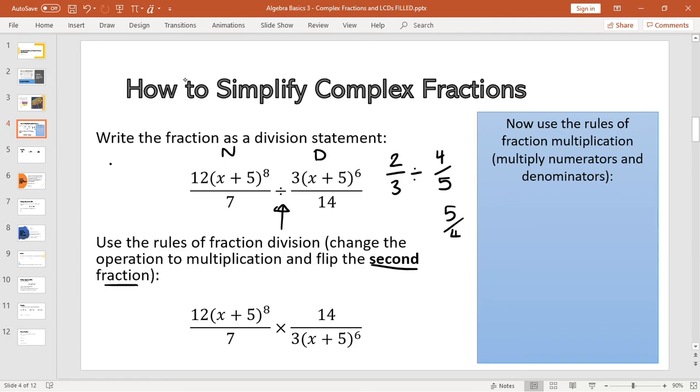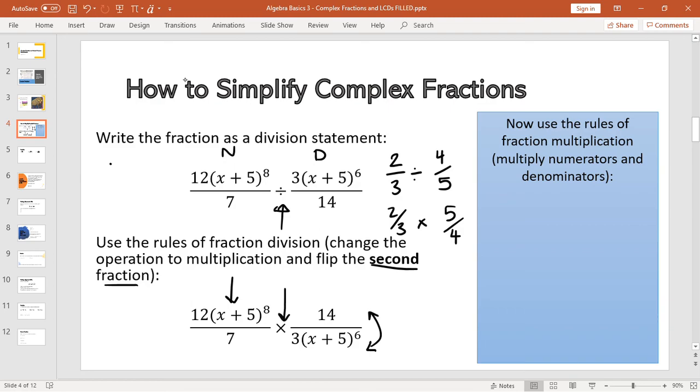And once you do that, you are allowed to change the sign to multiplication. So looking down here, don't touch the numerator, leave it as is. Flip the second fraction, which was your original denominator, and change the sign to multiplication.